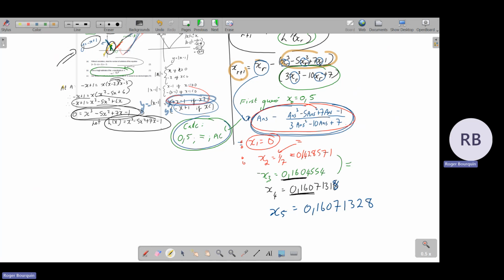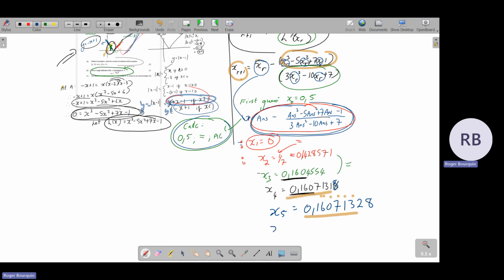Now, how many numbers are the same between the two answers? Well, it's the same up to 0.160713, which is 1, 2, 3, 4, 5, 6. To be safe, I always go one more than they ask and I round back.